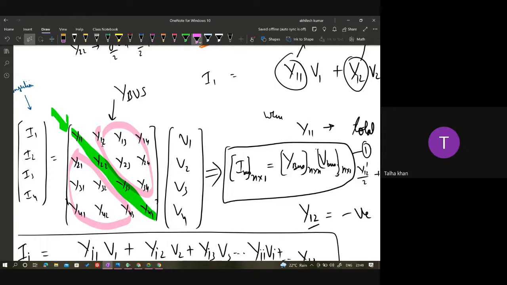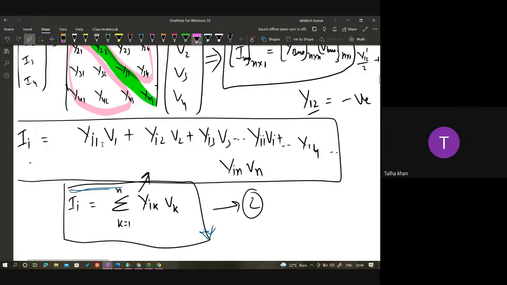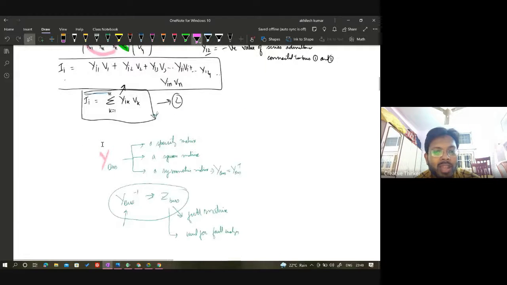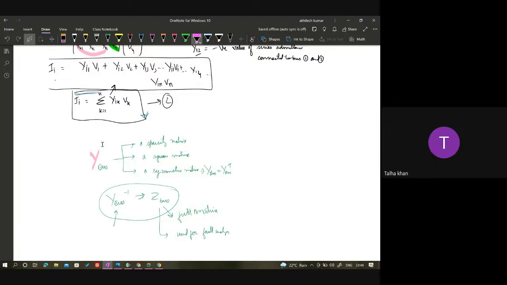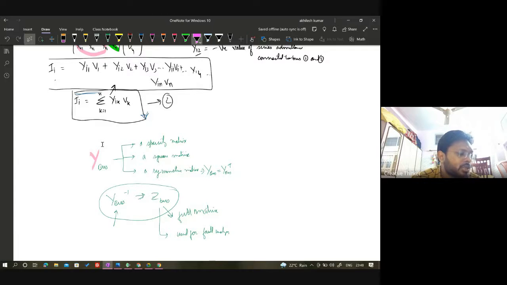In a power system, it's not like all the buses are connected to each other. If no line exists between some buses, then that element is 0. That's why it's a sparse matrix.